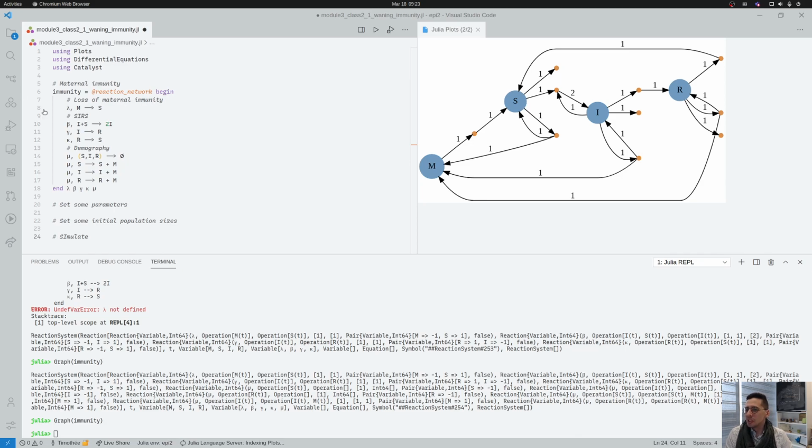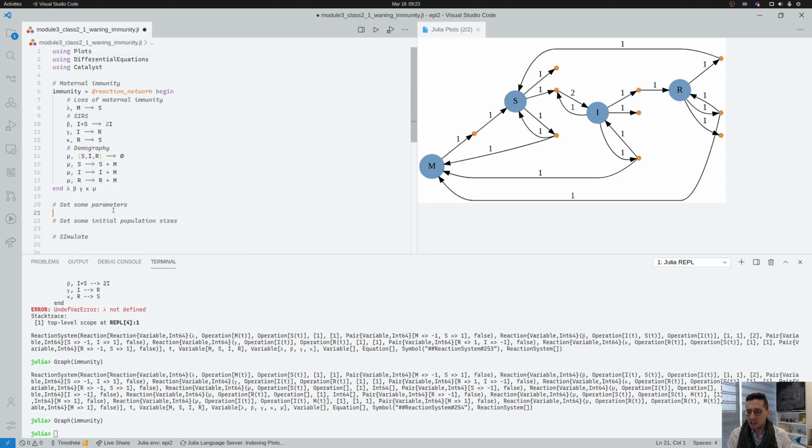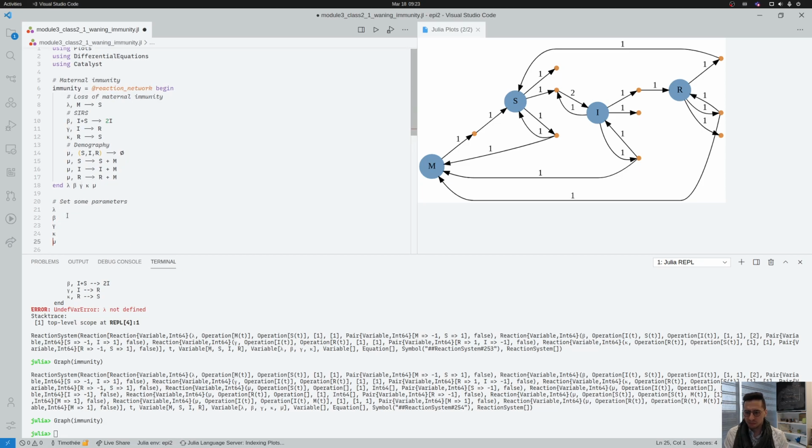What we want to do is define some of the parameters that we have. So the parameters we need are the ones that are here, right? We have lambda, beta, gamma, kappa, and mu.